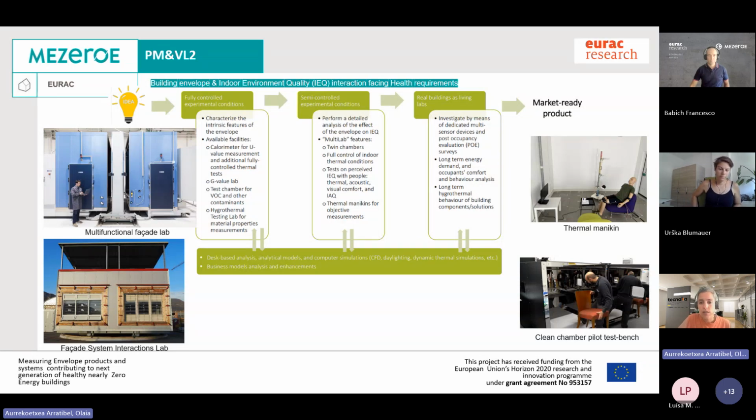They have different testing facilities like the multifunctional facade lab or facade system interactions lab, a VOC chamber for the measurement of volatile organic compounds, and a thermal mannequin to assess the interaction between the building envelope and users.